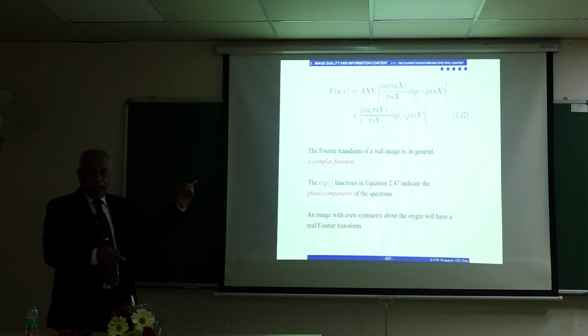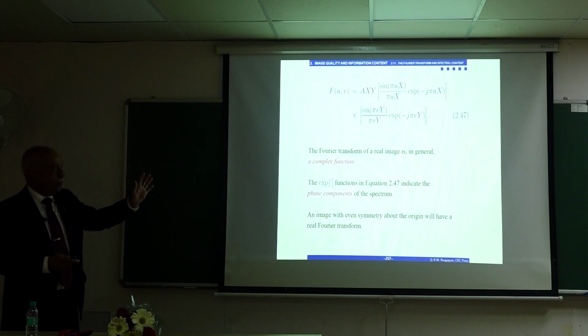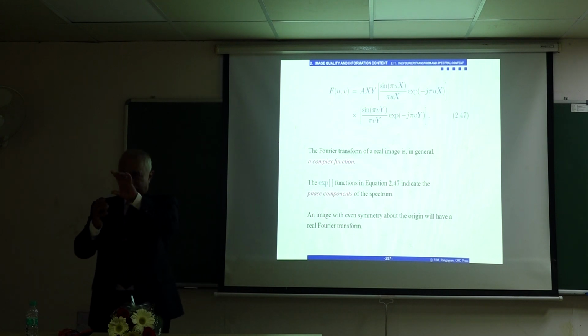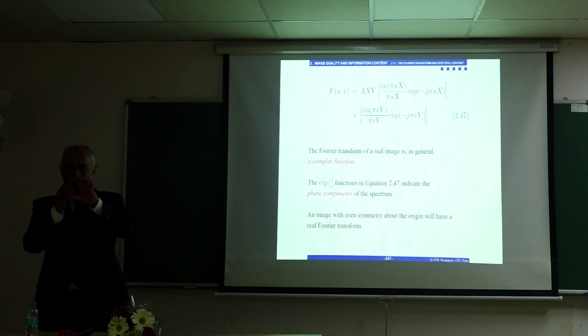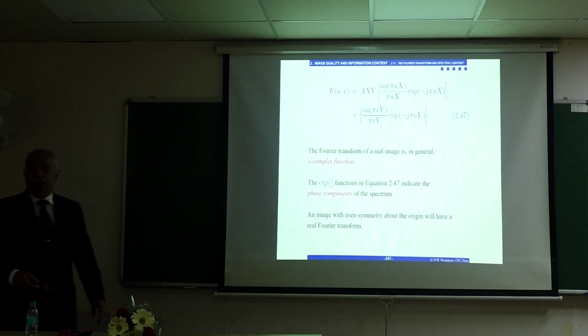And because the definition of that rectangle was in the first quadrant and not centered, we get a phase factor here. If I were to place the rectangle with the middle center on 0, 0, then the two exponential factors will not exist.